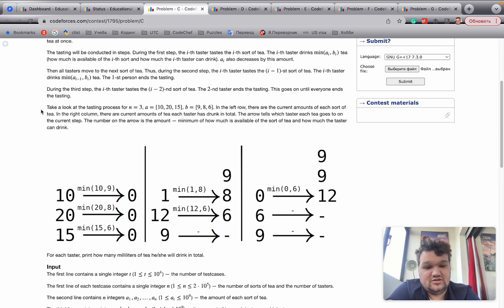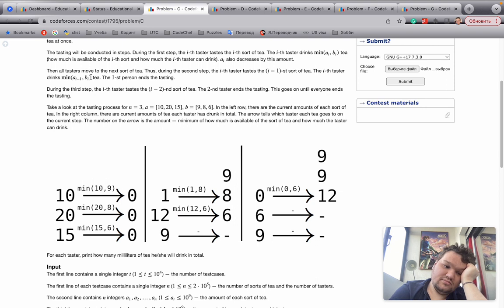We can do it with binary search, like we can binary search this last person and check whether the sum of values b from the i-th taster to this one is at most the volume of this tea or not.